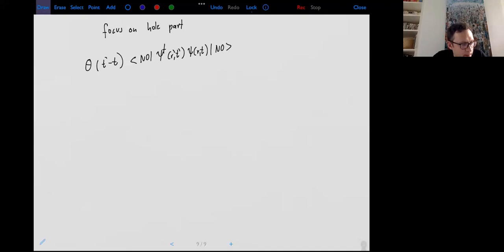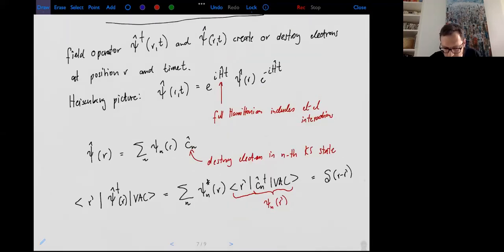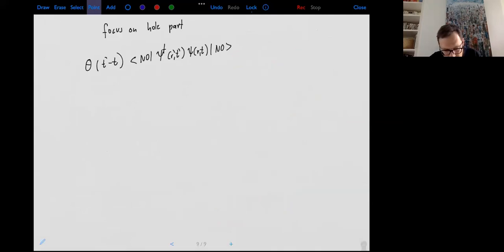Okay, so how can we learn something about the information that this Green's function carries? One thing we can do is use what we know about the field operators. We know how to express their time dependence in this way, so that's what we'll plug in.